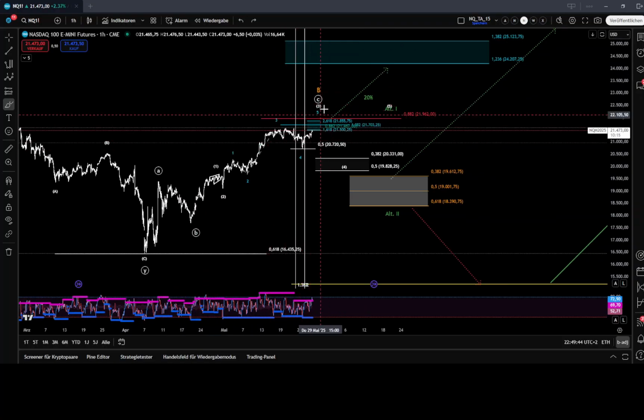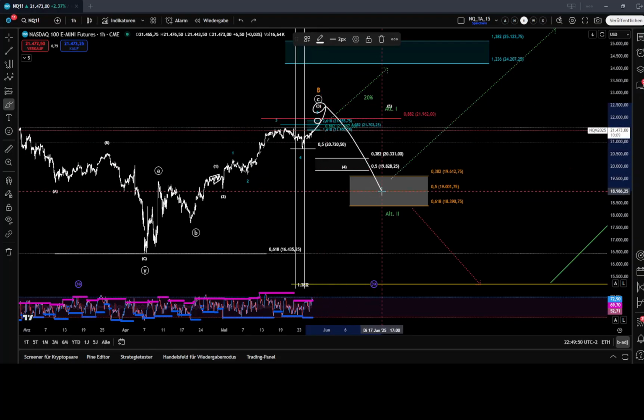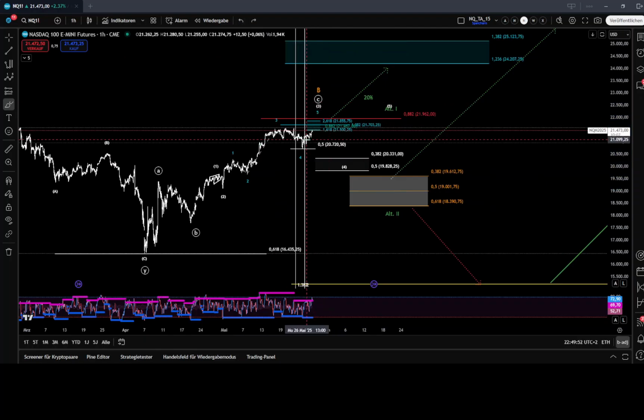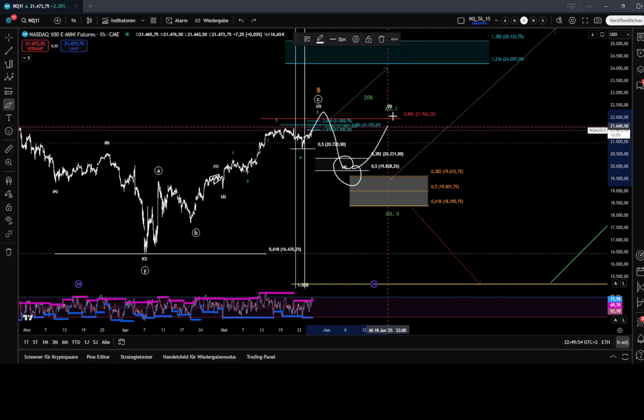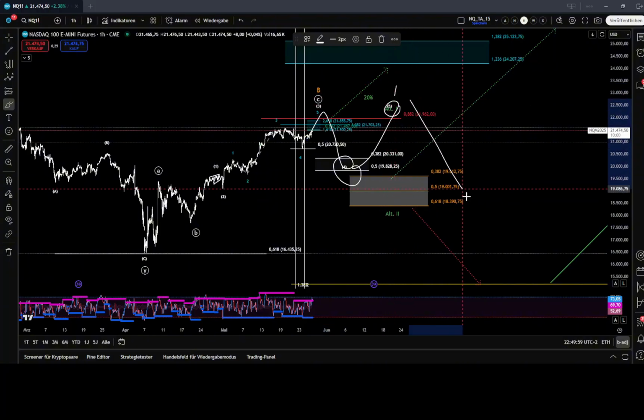We really need to build to the upside here. We need to get our last move up in the white wave three, another four and another five in white, and that would then finish our wave one. Then we should get a two, and so on.